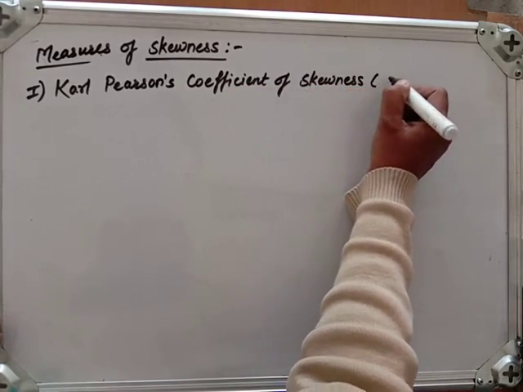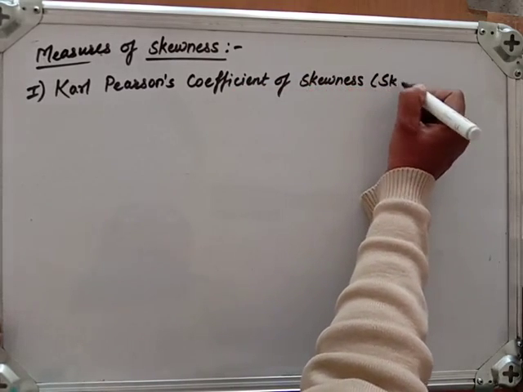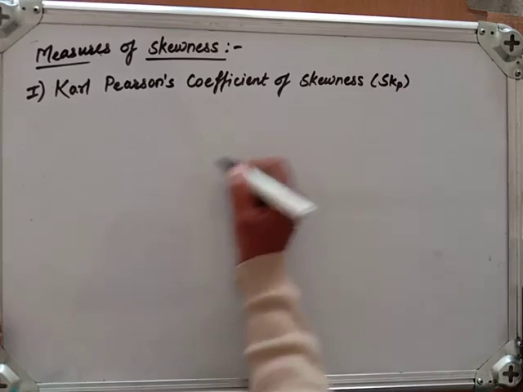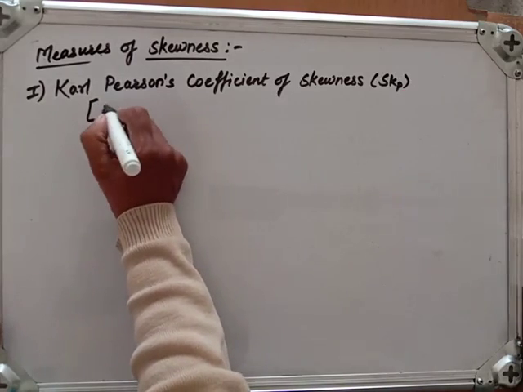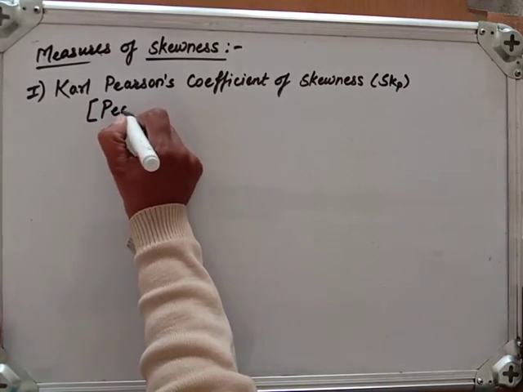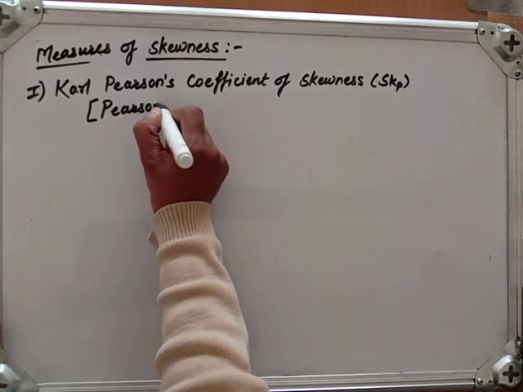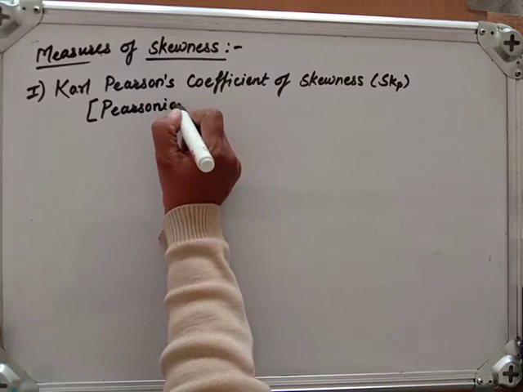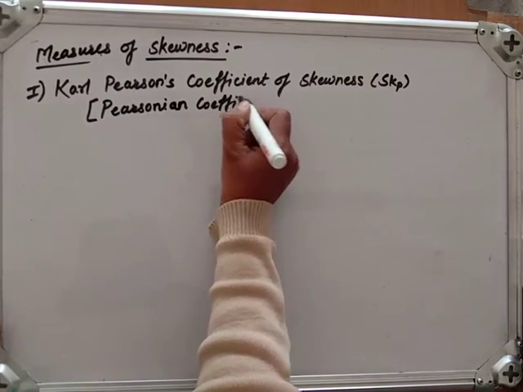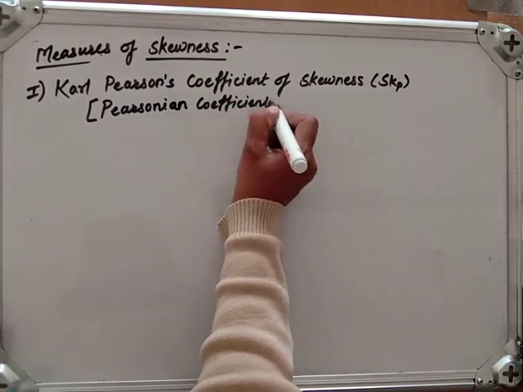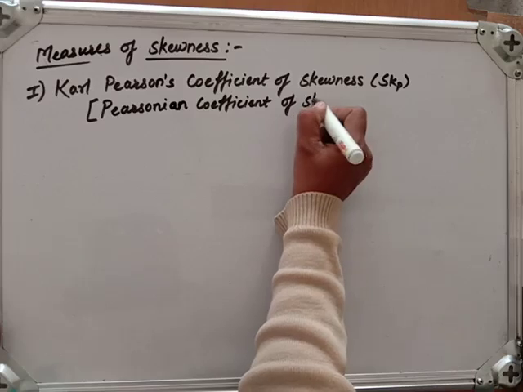In many researches it is used, and it is denoted by SKP. Another name for it is the Pearsonian coefficient of skewness.